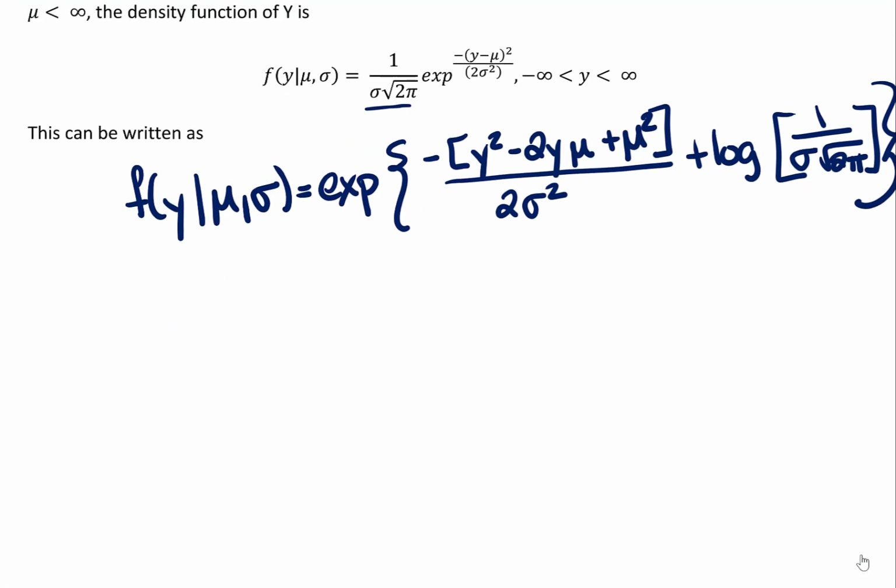So looking up here, what I can see is, I've got a y squared, I've got a minus 2y times mu, and I've got a mu squared, and I've got a 2 down here. Really what I would like to have is that single y by itself times some function of mu, but I've got that 2 in the way. So next what I'm going to do is bring that 2 from the denominator up into the numerator.